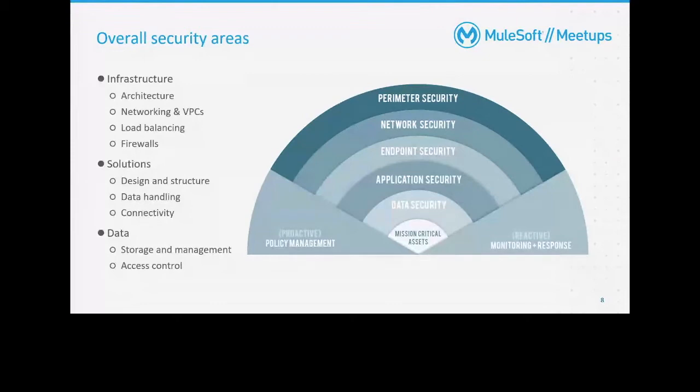That would be one area. And then, with this, you have solutions that are developed. So the solution design and structure is an important factor that needs to be considered, largely based on the infrastructure that is available.